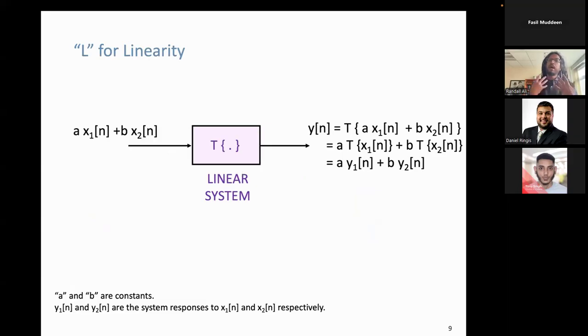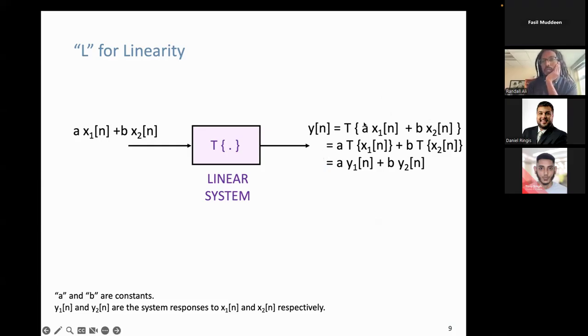By having a linear system, what this allows me to do, remember my general system is taking this transformation of my input. So I'm doing some transformation on this input here, which is what we call a scaled combination, or what we call a linear combination of inputs here.